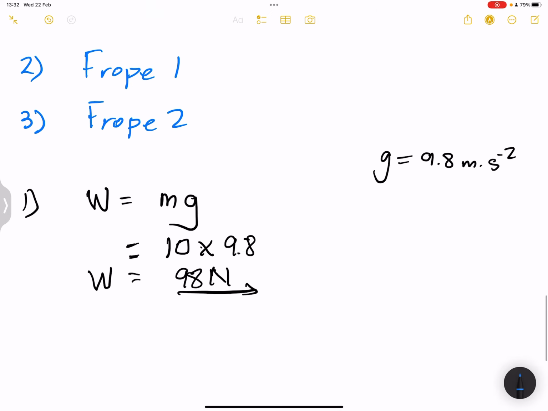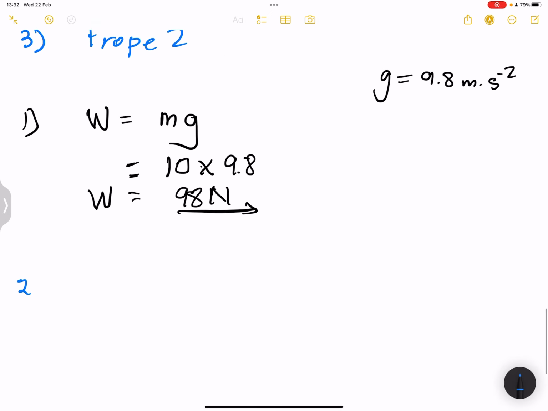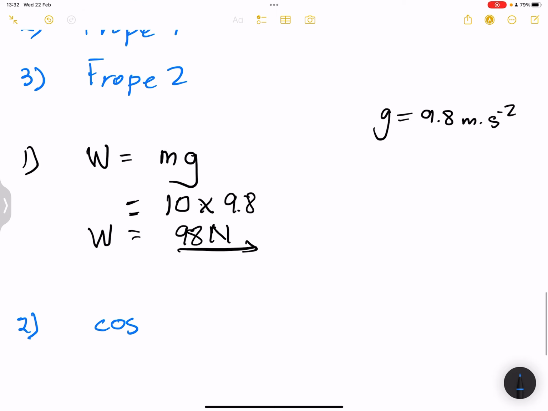Now, if I'm going to find out about rope 1, I'm going to say the cosine of 40 degrees is equal to adjacent over hypotenuse.